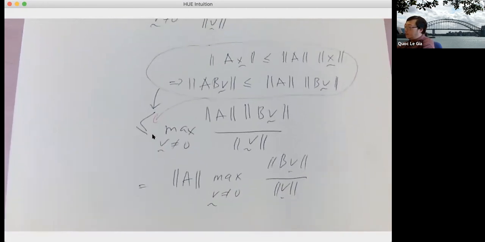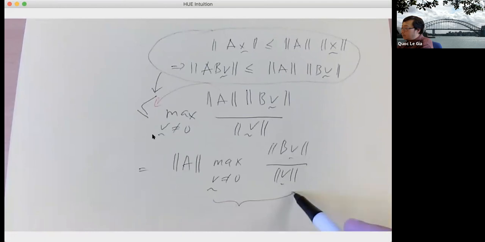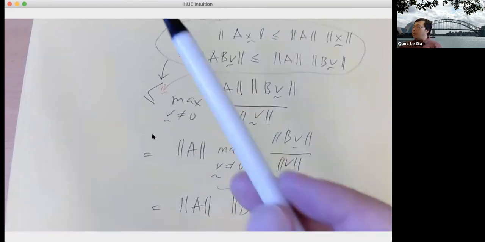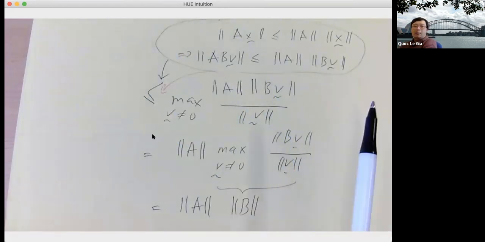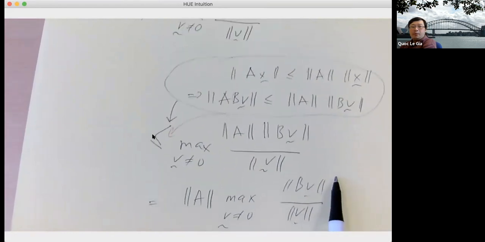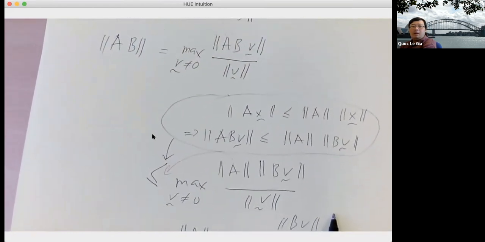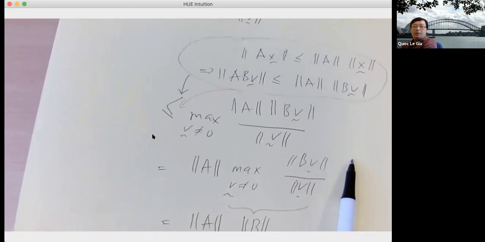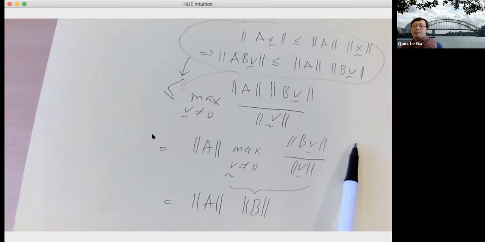And if you remember the definition, this one is nothing but the norm of B, right? So we just play with the definition. We start with the norm of AB, and we apply the inequality and we end with the norm of A times the norm of B. Okay, so that is what we want to prove.